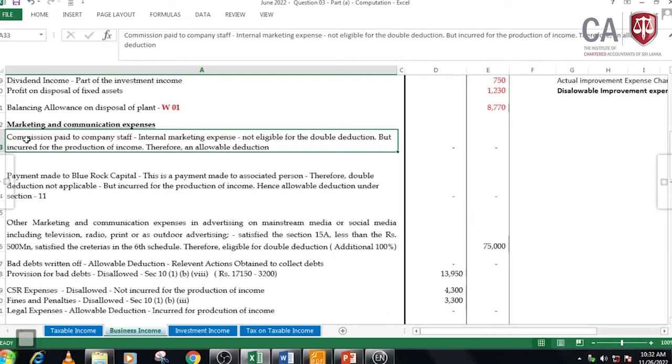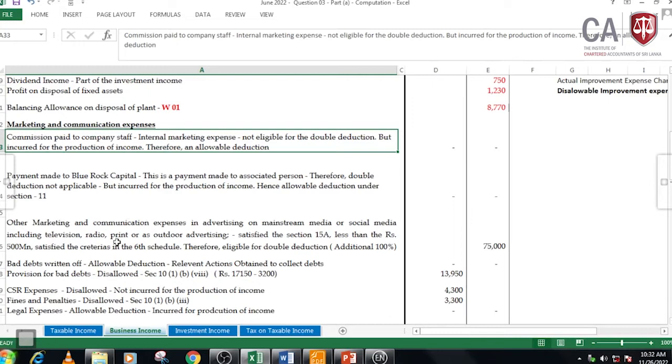Next one, payment made to Blue Rock Capital. This is a payment made to an associated person, therefore double deduction not applicable, but incurred for the production of income, hence allowable deduction under section 11.